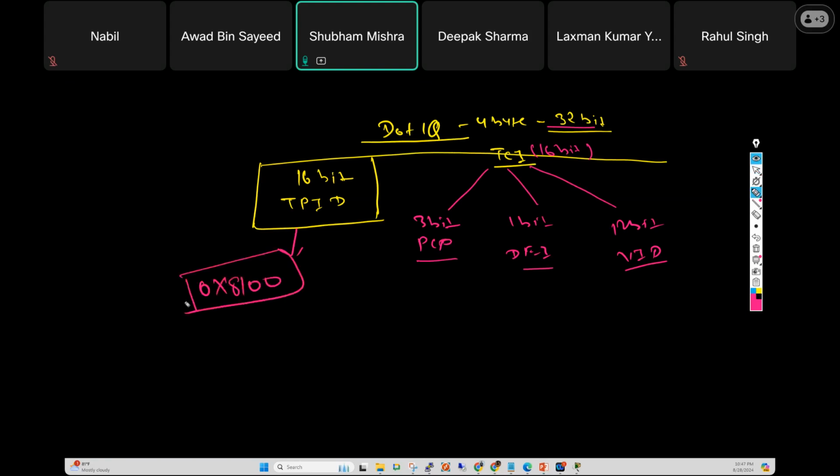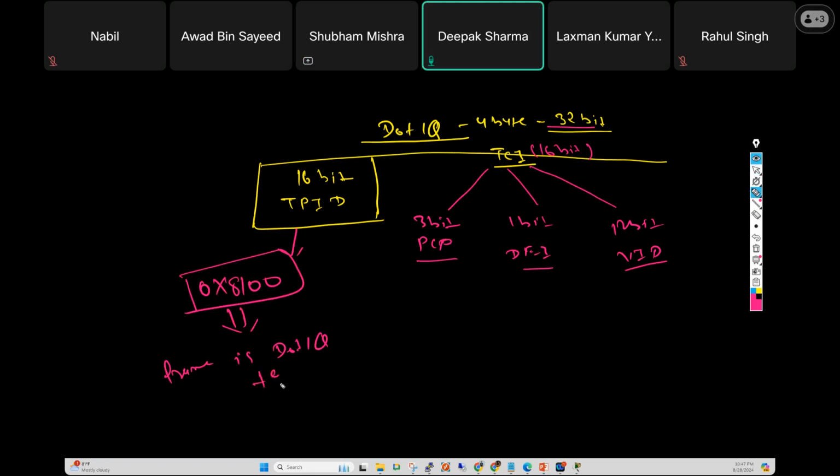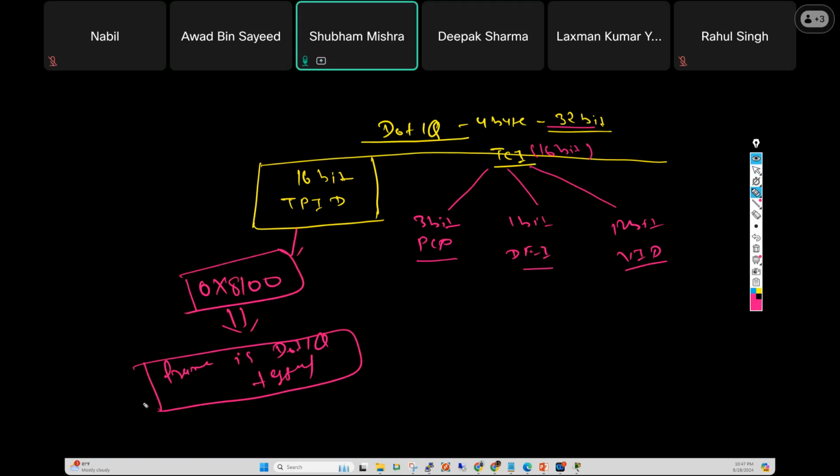Basically, this value indicates that your frame is .1q tagged. Are you getting my point? Understand now? And this is a hexadecimal value. Clear, everyone?